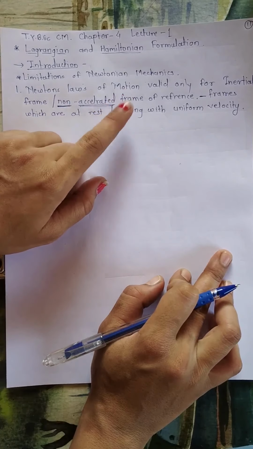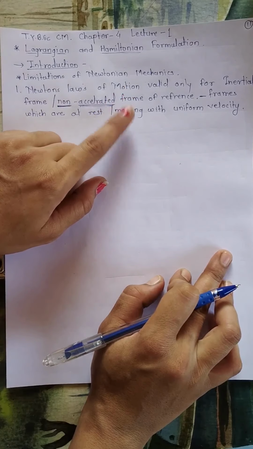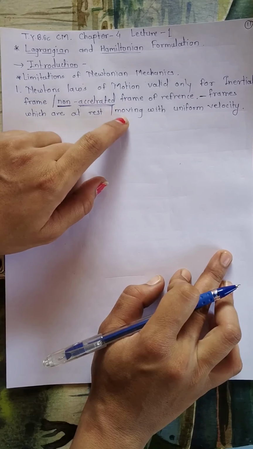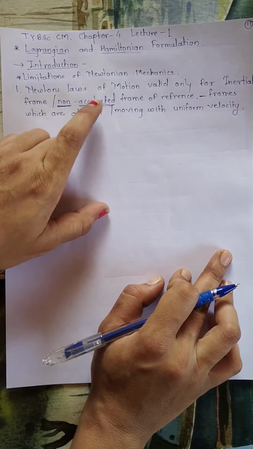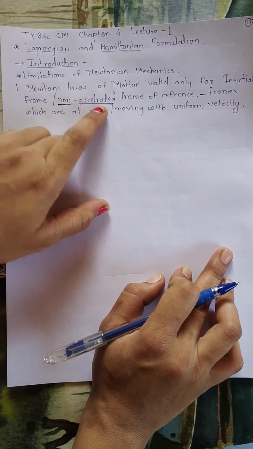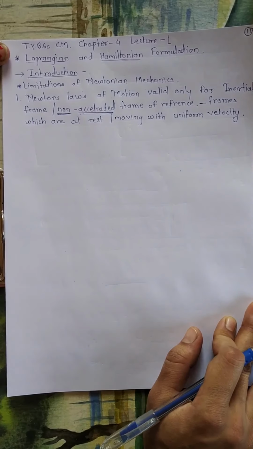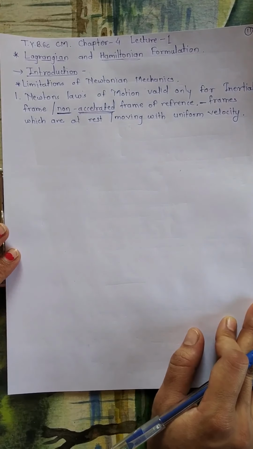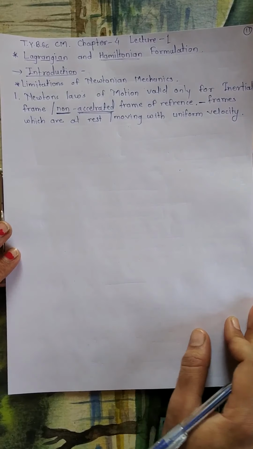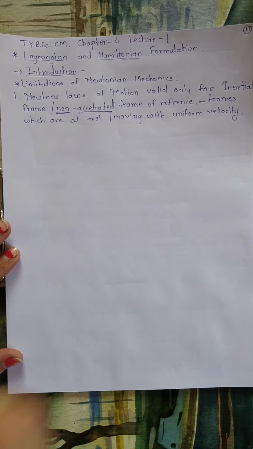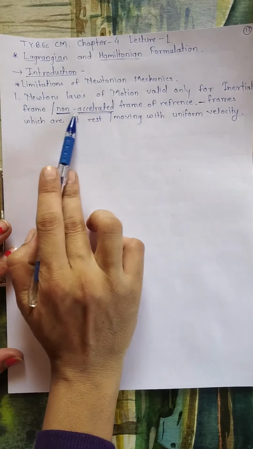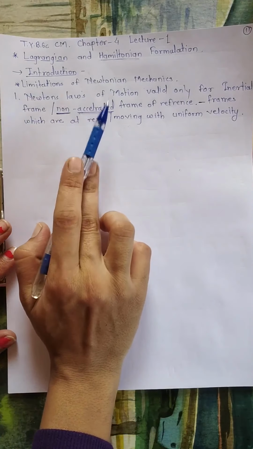But when velocity is uniform, that is, velocity is constant with respect to time, this means acceleration is 0, because if velocity is constant, then the derivative of velocity, which is acceleration, will be 0. So this can be called a non-accelerated frame.